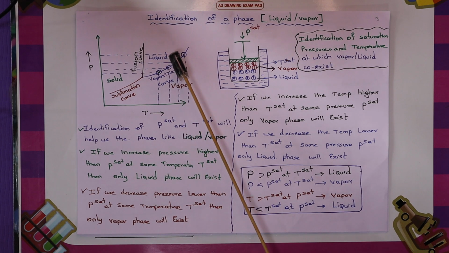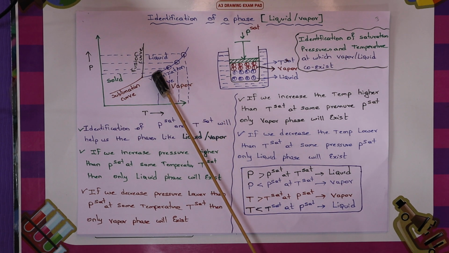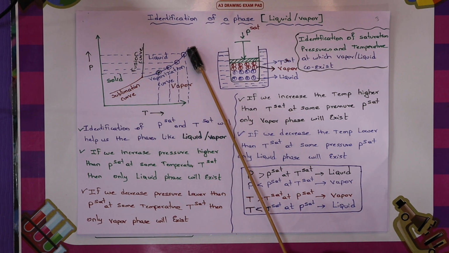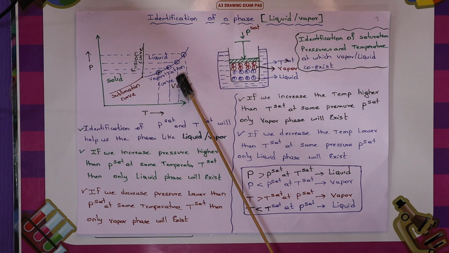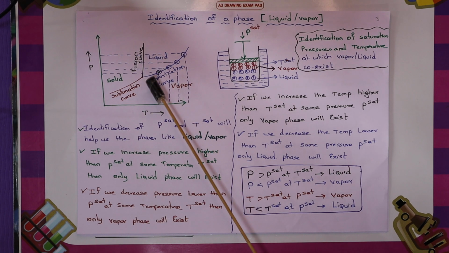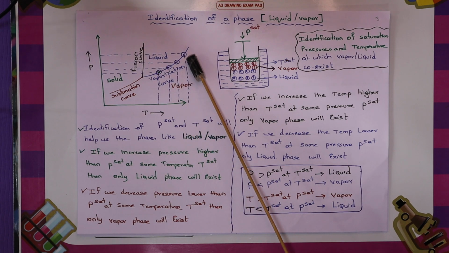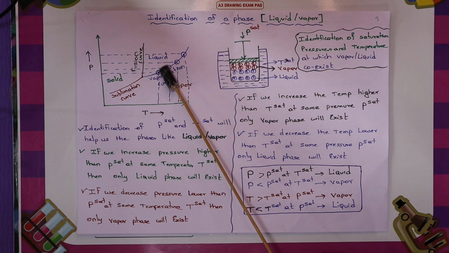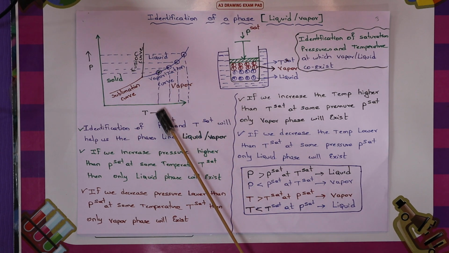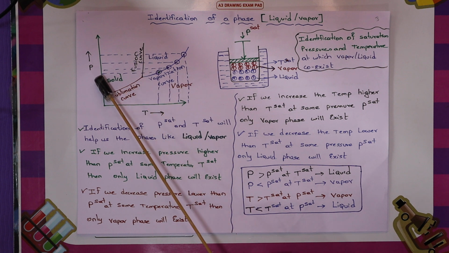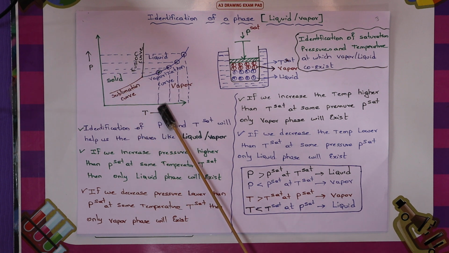So why have we drawn this PT diagram? Here you can see the vaporization curve, where we can observe liquid to vapor and vapor to liquid transitions. On this line, any point you take, this point or this point, shows the saturation pressure and saturation temperature. If you draw a horizontal line and a vertical line, you get the saturation pressure value here and the saturation temperature value here.